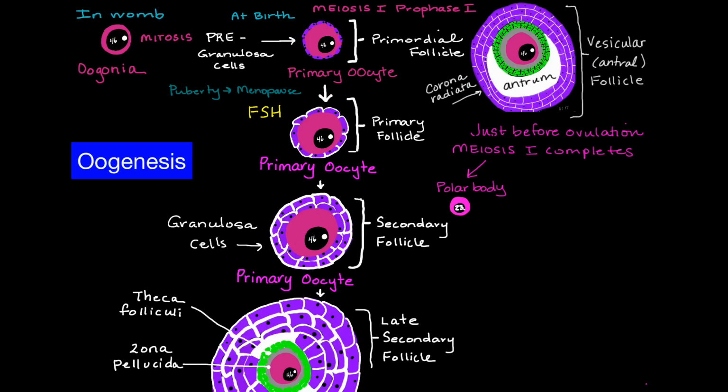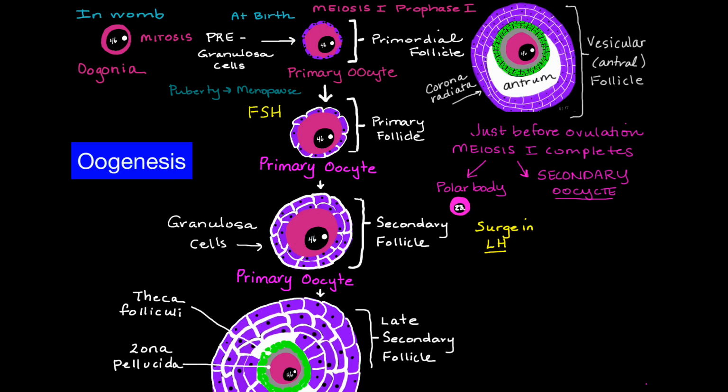That's what a polar body does, and these typically just get reabsorbed in the ovary. But we also create a secondary oocyte. This is the first time we're finally calling our oocyte a secondary oocyte, and this all happens in response to this big peak of LH, also called luteinizing hormone.